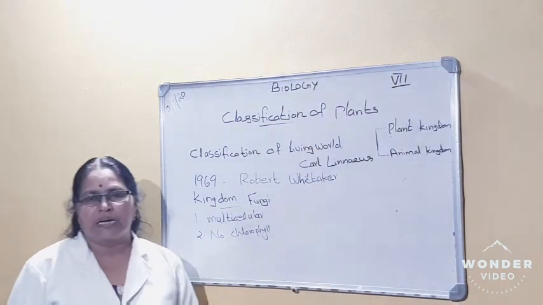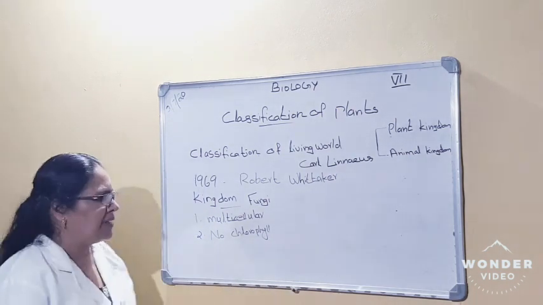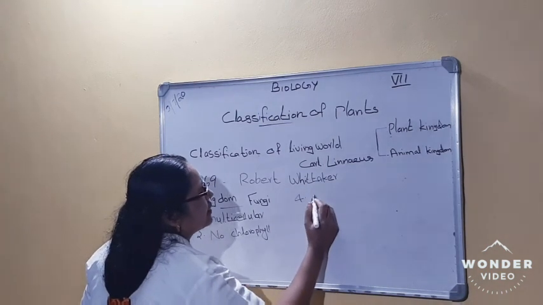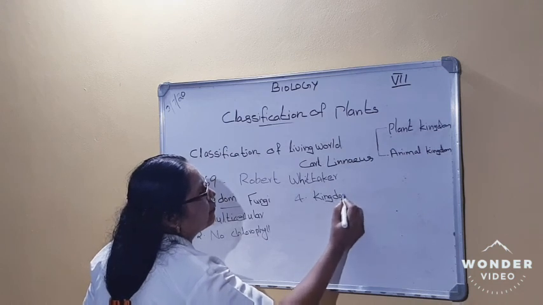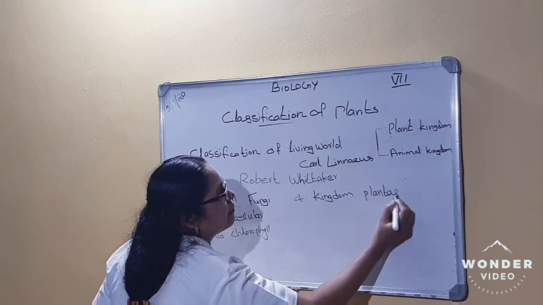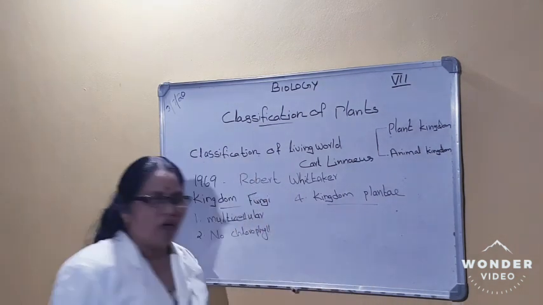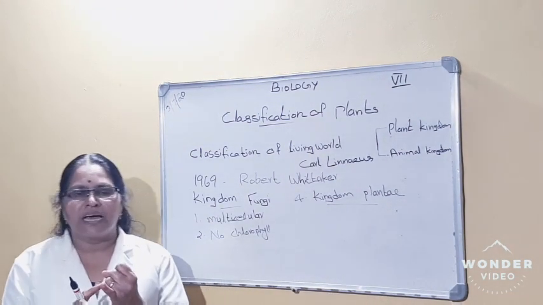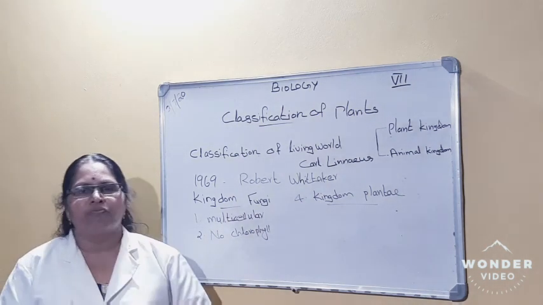The next two kingdoms are the kingdom Plantae and kingdom Animalia. The fourth one is kingdom Plantae. That means all the plants around us are multicellular organisms. They have chlorophyll, so they can prepare their own food.